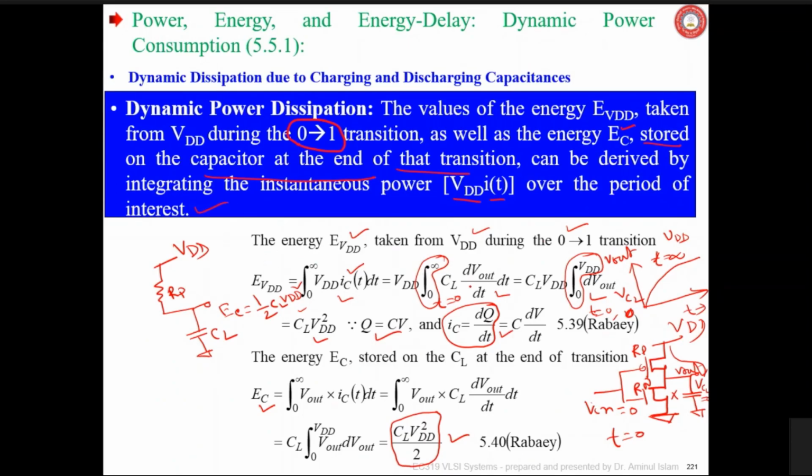The energy E VDD taken from VDD during the 0 to 1 transition can be written as E VDD equals the integration of VDD i(t) dt from 0 to infinity. After this mathematical manipulation, you get the value of EC, ultimately, CL VDD square by 2.